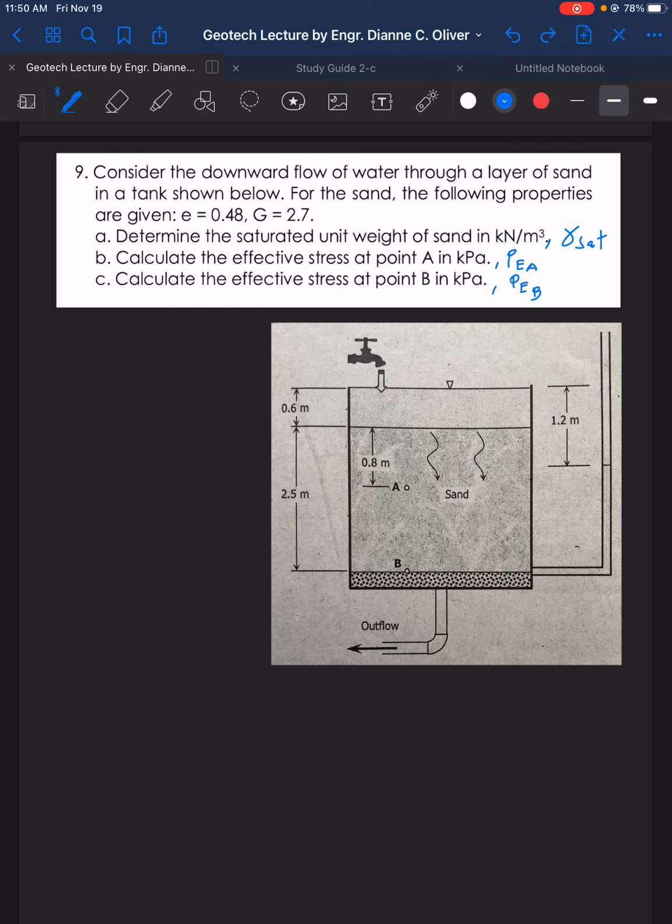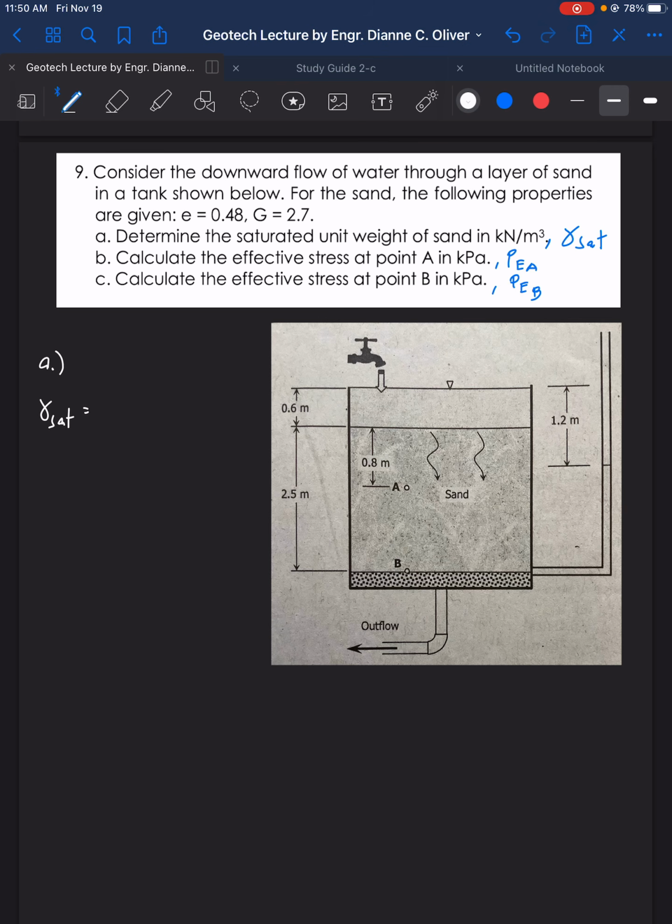So we need to do the same thing as a while ago. Letter A. We need the gamma sat. So gamma sat is equal to G plus e over 1 plus e, times gamma water.